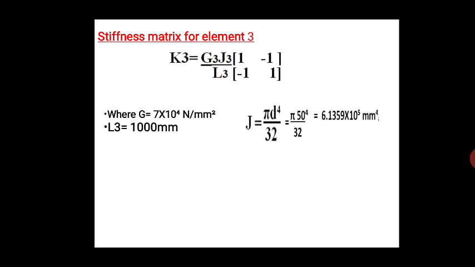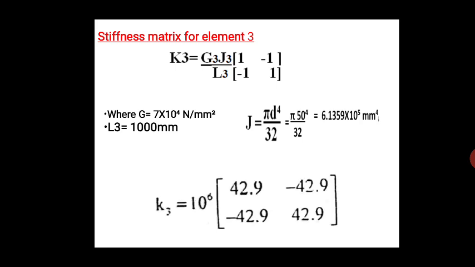Since the diameter is uniform, we have the same value of J, that is 6.1359 into 10 raised to 5 mm to the power of 4. Substituting these values in the element stiffness matrix equation, we have K3 is equal to 10 raised to 6 times 42.9, minus 42.9, minus 42.9, 42.9. This is the element stiffness matrix for the third element.